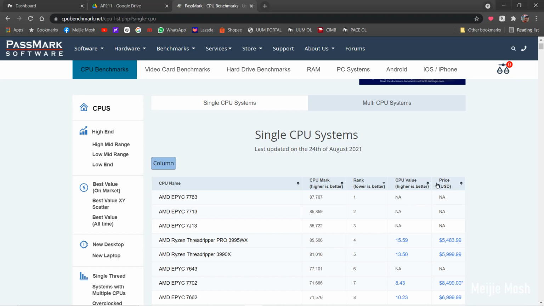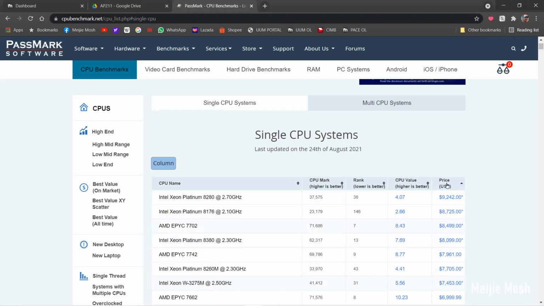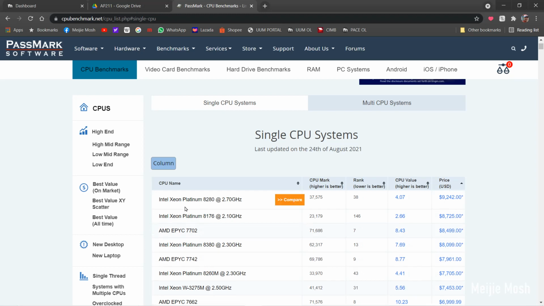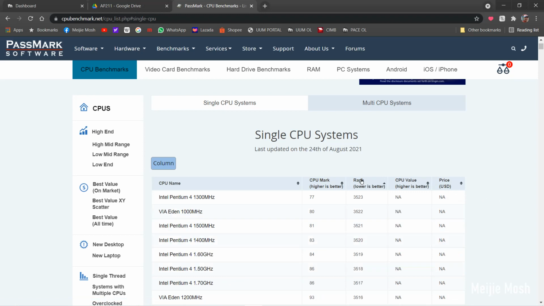If you look at the price of CPUs, the most expensive one is the Intel Xeon Platinum 8280 at 2.7 gigahertz, at about $9,242. So if you want to buy a new computer, a new laptop, or just a CPU, you can use this CPU benchmark website to know what is the best CPU in the market.